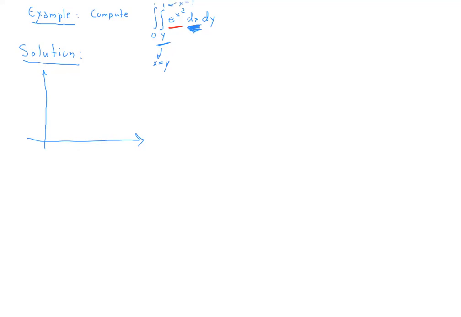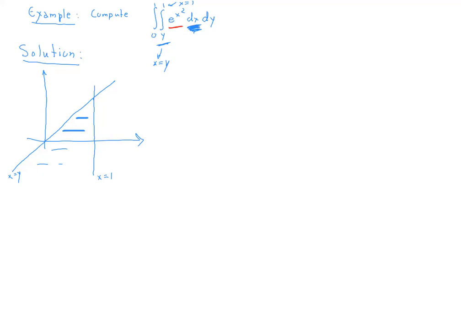So ask yourselves, what are the lines? And there are lines here. In general, there could be more general curves. What are the lines x equals y and x equals 1? The line x equals y is the bisector of the first quadrant, and x equals 1 is this vertical line. So this is x equals 1, and this is x equals y. You know that horizontal integration takes place somewhere between these two lines.